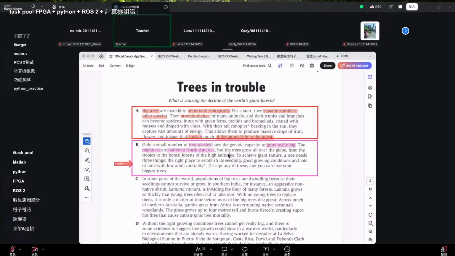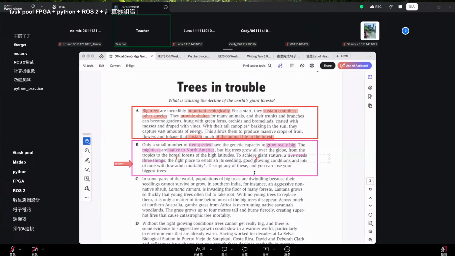The trees need 3 things. Now, you see they need 3 things altogether, which is their growing condition. They have certain criteria that need to be met so that they can grow really tall. The first, right place.